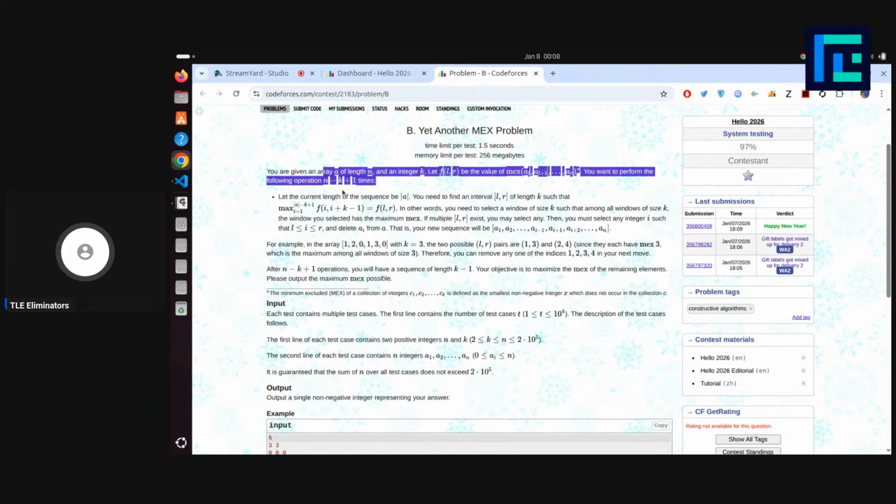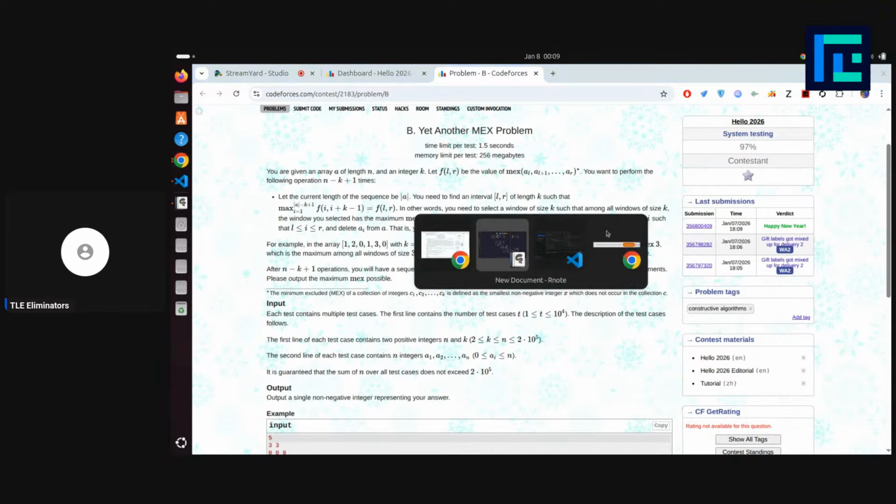It seems so complicated that we can only choose a subarray having the maximum max out of all of those, and then we delete one element, and after deleting we join the two halves together. Many things are going on here, so it is very hard to think about that. But let's say the problem was a bit simplified. Right now the constraints are that we can only select, basically what are we doing?